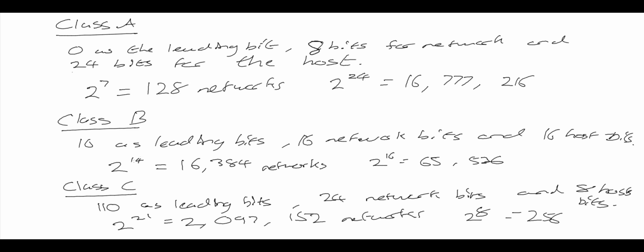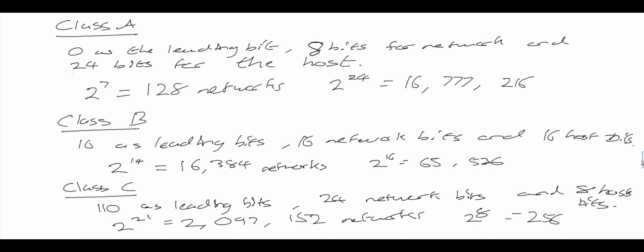And Class E, there is such a thing as a Class E address as well, but those addresses are reserved and they're not used on the public internet. So you're likely to just come across Class A to C pretty much. But do feel free to look at what Class D and E are as well.